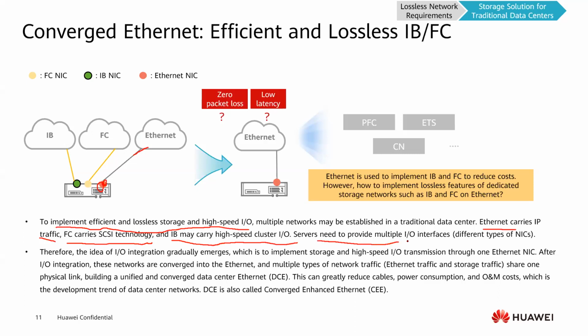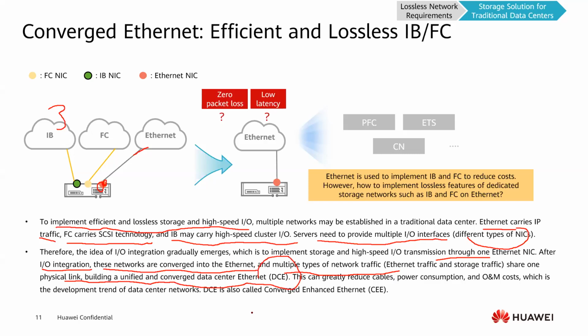Servers need to provide multiple I/O interfaces, different types of NICs. Here we have three types. Therefore, the idea of I/O integration gradually emerges, which is to implement storage and high-speed I/O transmission through one Ethernet NIC. After I/O integration, three networks are converged into the Ethernet, and multiple types of network traffic share one physical link, building a unified converged data center Ethernet (DCE).